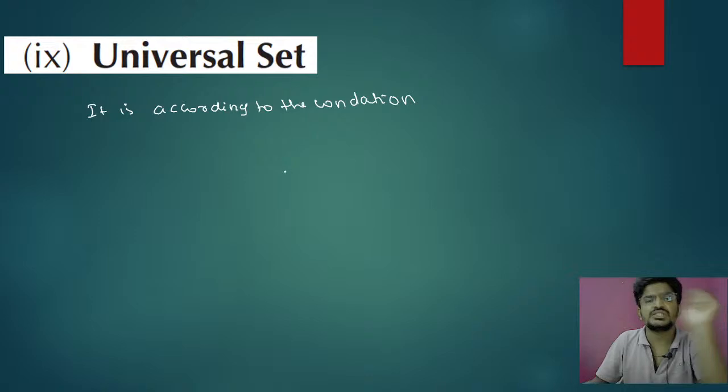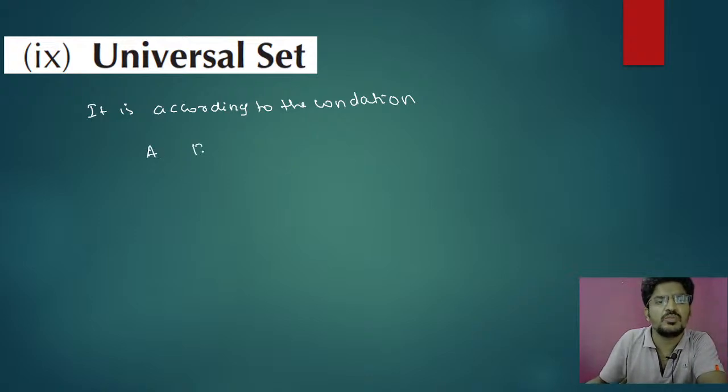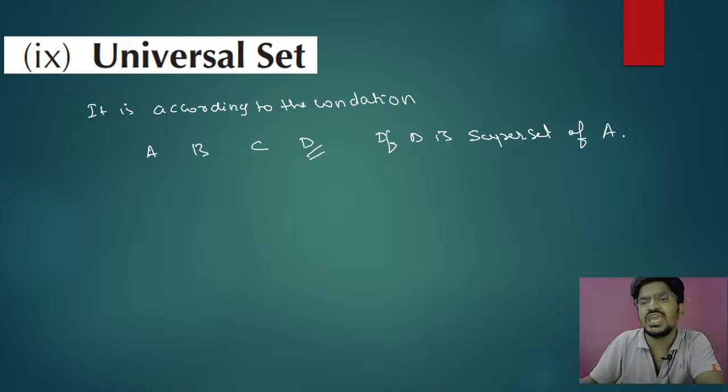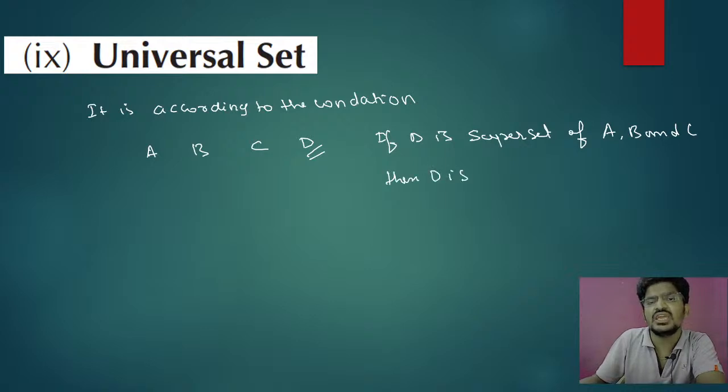The condition is, if I say A, B, C and D, and D is a superset of A, B and C, then we can tell D is the universal set.